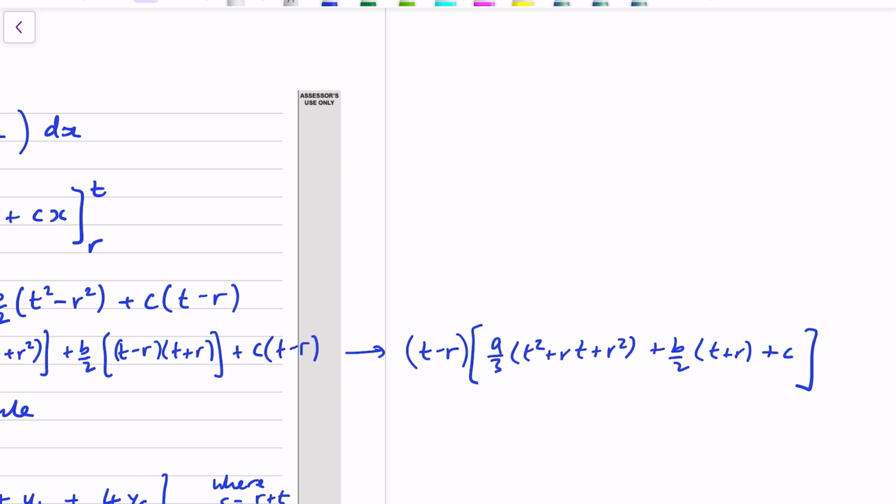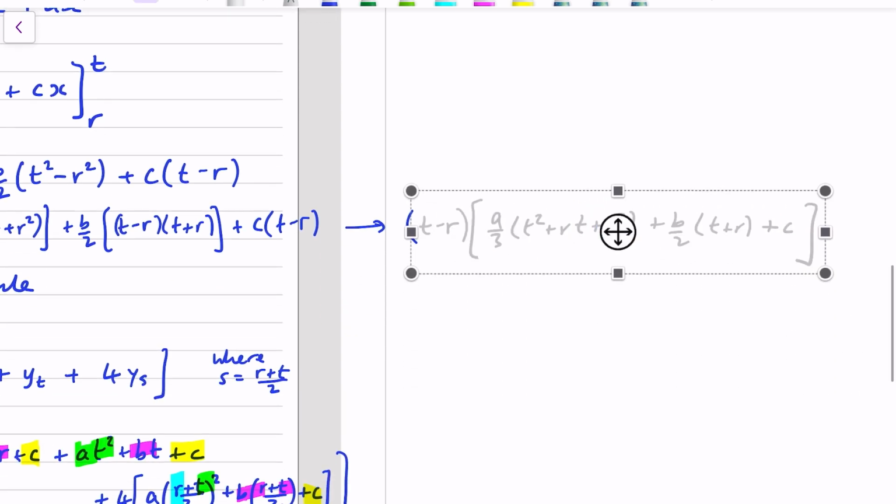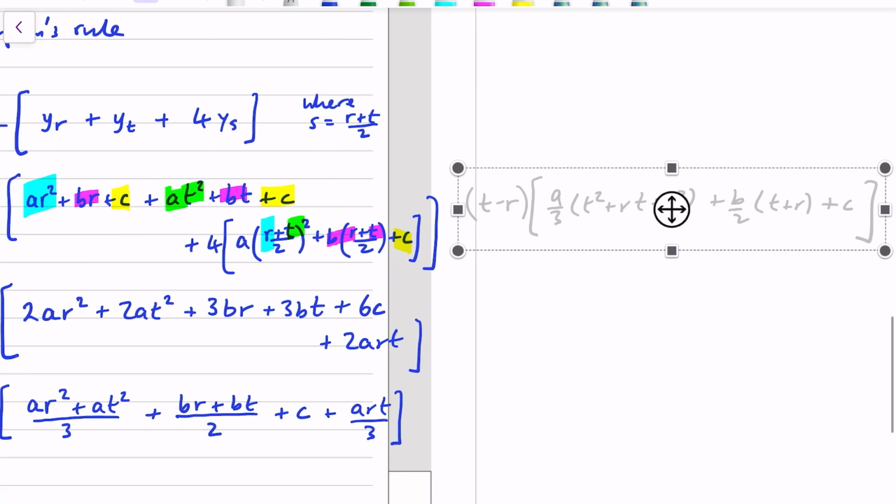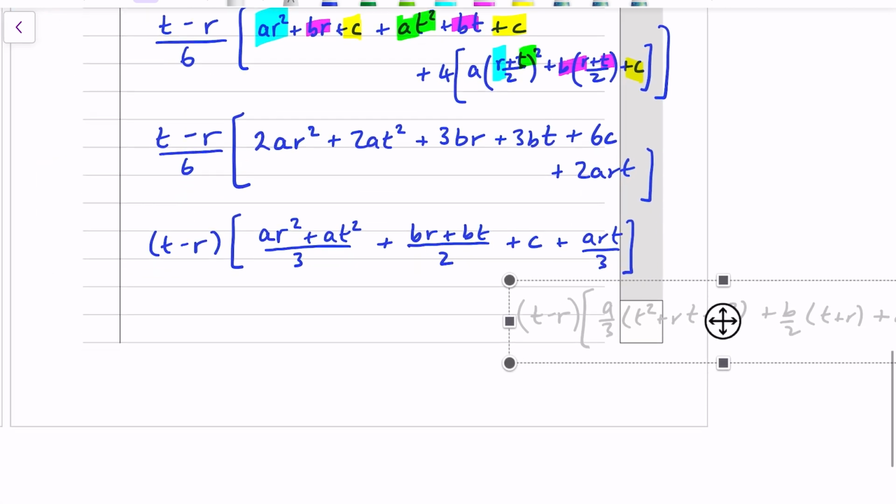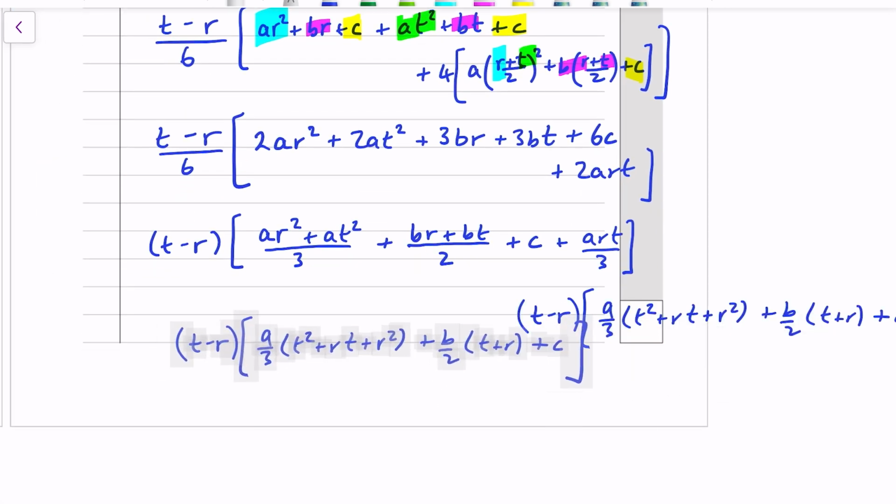Alrighty, I'm just going to be lazy here and just take that all the way down to the bottom, and just see if it's the same.